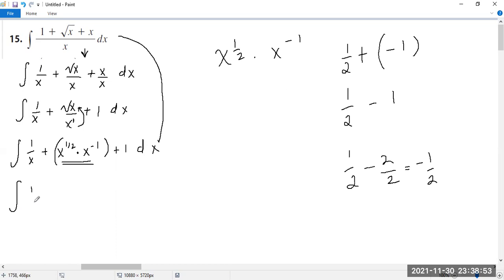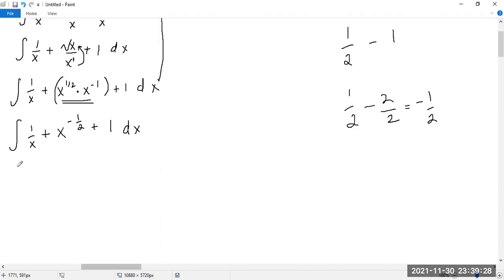So this is the same thing as 1 over x plus x to the -1 over 2 plus 1 dx. Again, I haven't terribly changed anything. The thing that I'm taking the integral of is still the same thing. It's just expressed in a different form, and now I can take the integral and do the anti-derivative process.